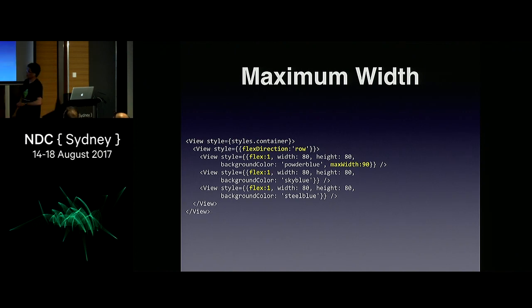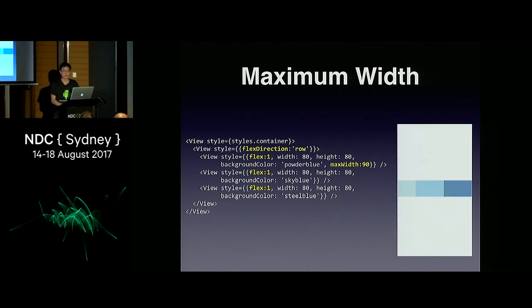And then the rest don't have the max width attribute. So it's going to look like this. Basically, it says that the first view has max width 90, and you can go no more than that. And the rest of the width, you guys go and split it up among yourselves.